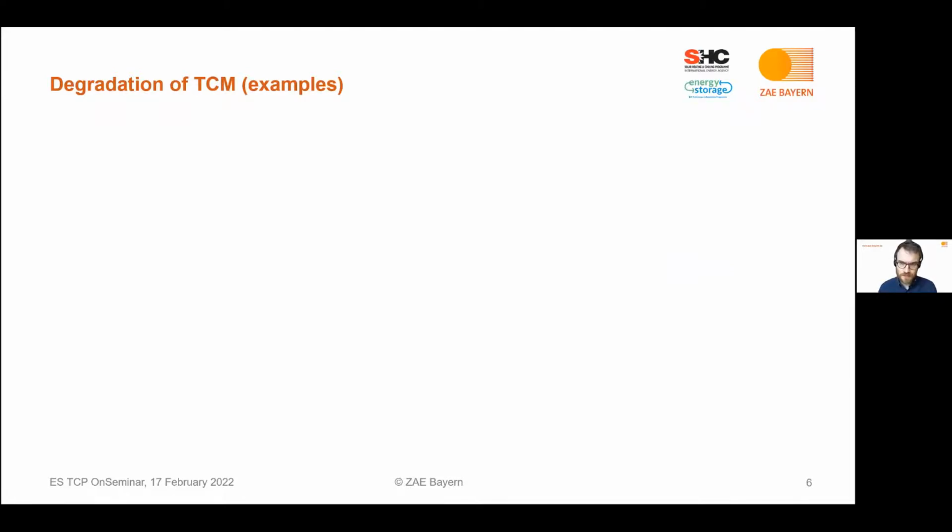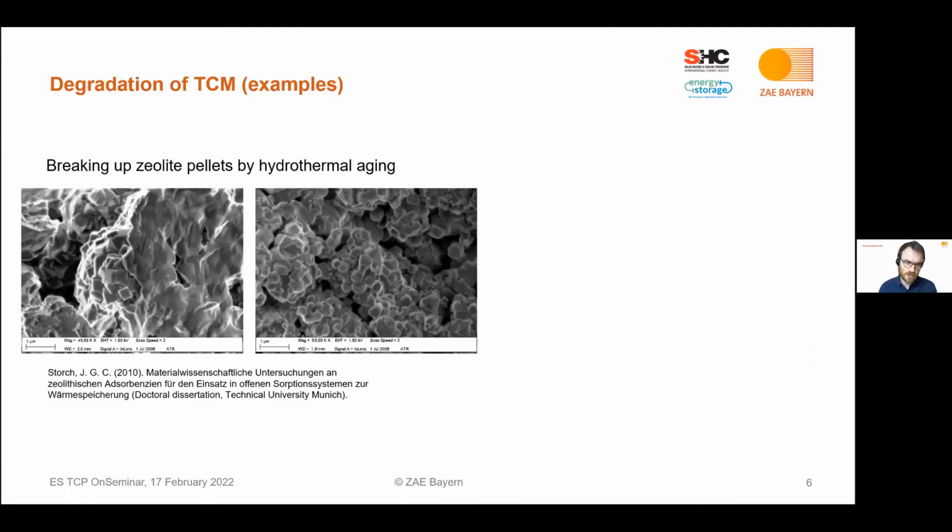Two examples for sorption materials are shown here. Looking at the pictures on the left, you see pellets of zeolites that are broken up by hydrothermal aging. Hydrothermal means high temperatures and high humidities, and then these spheres, these pellets, deteriorate.